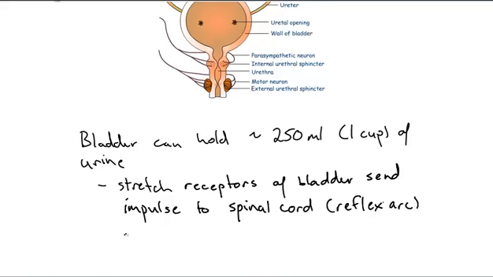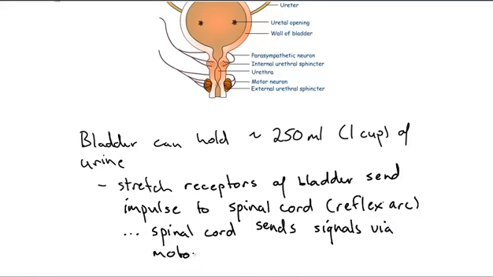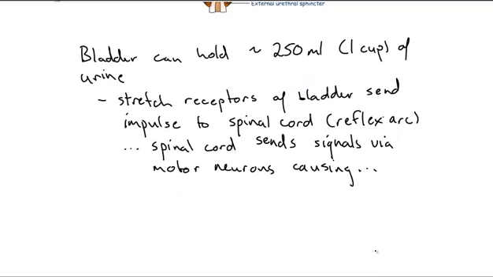and then the spinal cord sends signals via motor neurons, causing the following to occur. 1, the bladder should contract, very similar to how we eliminate feces.